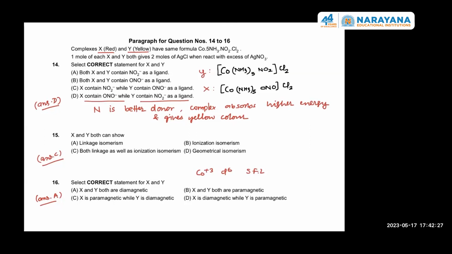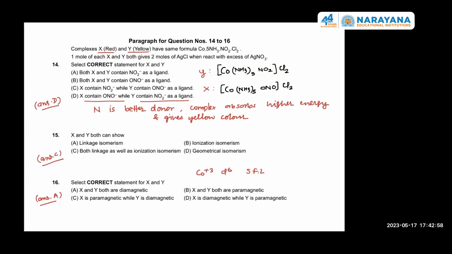See, the energy absorption is different in the case of X and Y, right? Yes, sir. So the absorption of energy will be higher in which case? In which nitrogen is the better donor. So it will absorb higher energy, so the color absorbed is of higher energy, and the color reflected will be of lower energy.